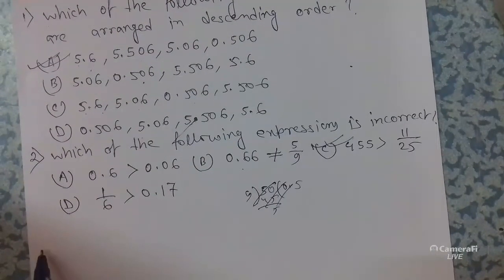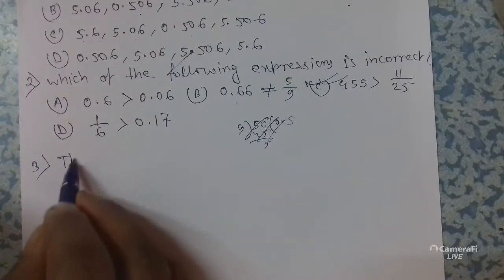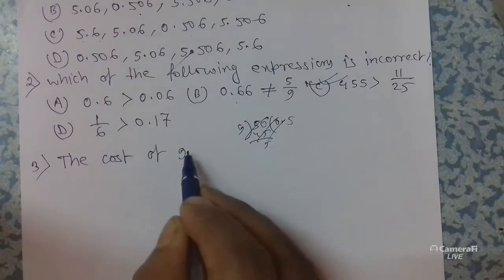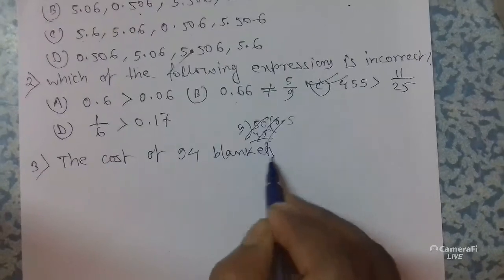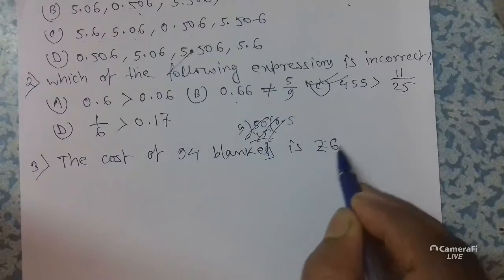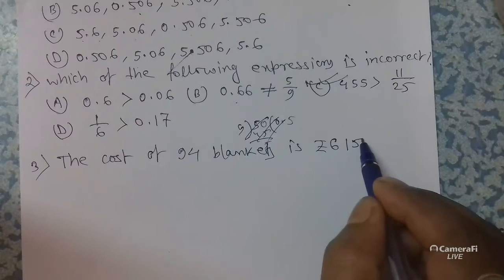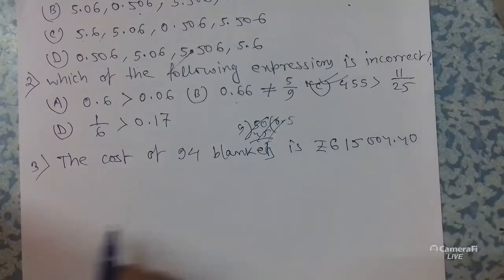Next. Next is, the cost of 94 blankets is rupees 6 lakh 15,004.40.